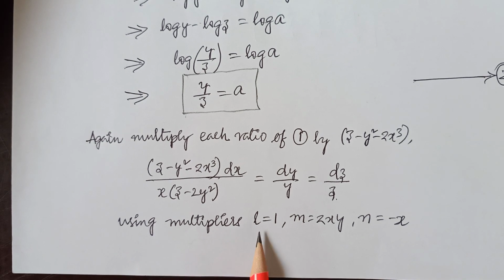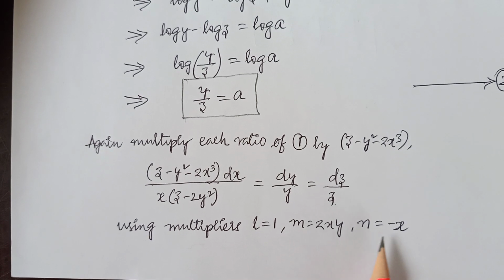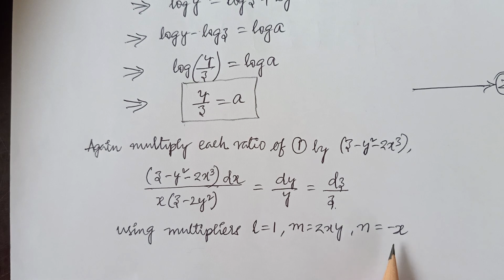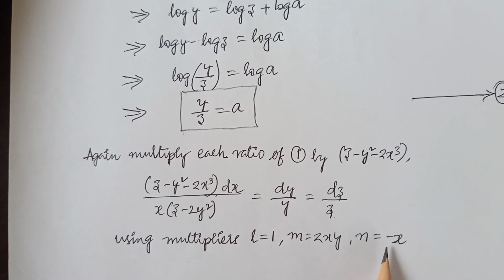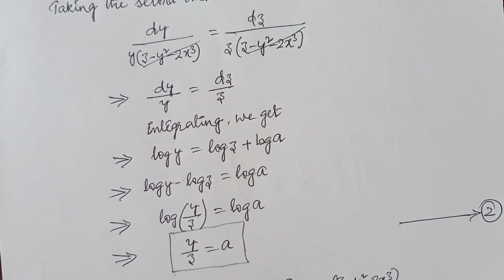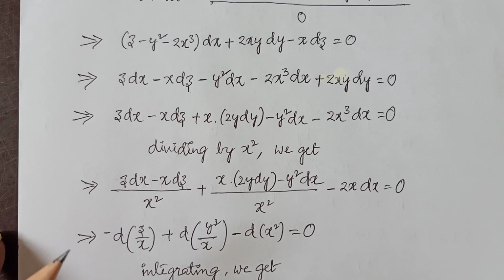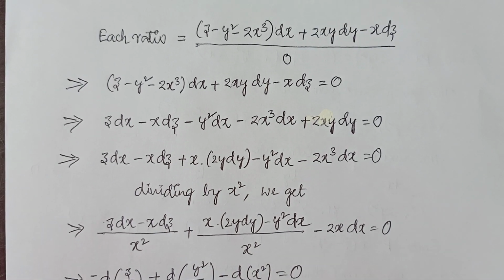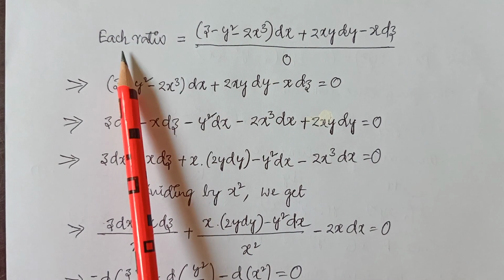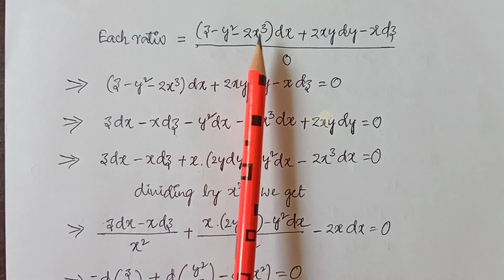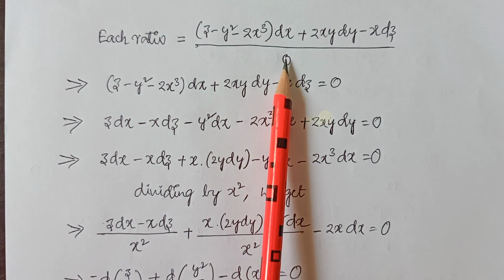Now using multipliers, L is equal to 1, M is equal to 2xy, and N is equal to minus x. So choose the multipliers here: L is equal to 1, M is equal to 2xy, and N is equal to minus x. By taking that, you can observe that in each ratio, after taking the multipliers, the denominator becomes 0.